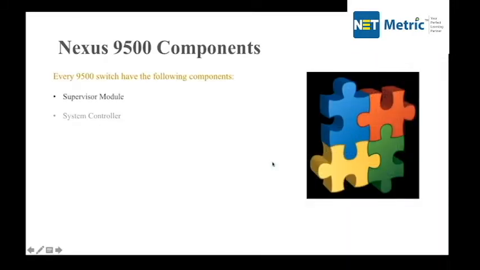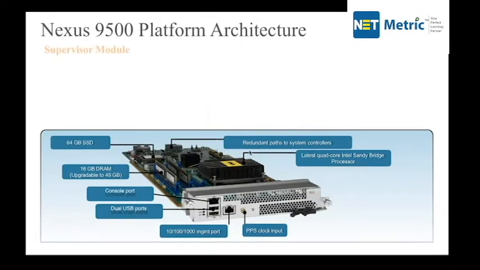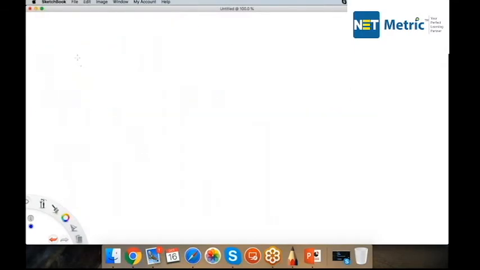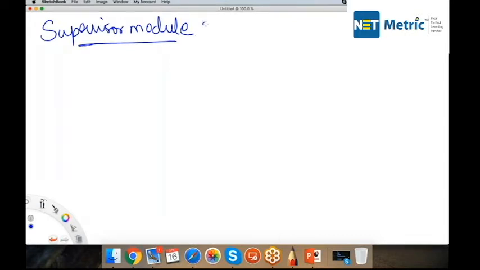Because of this, of course, there was a lot of heat getting generated within the chassis, within the device. So when they designed the 9500 modular devices, they completely removed the midplane. So now, whenever you're inserting modules from the front end or the rear end, they directly get attached to each other. There is no mid plane.